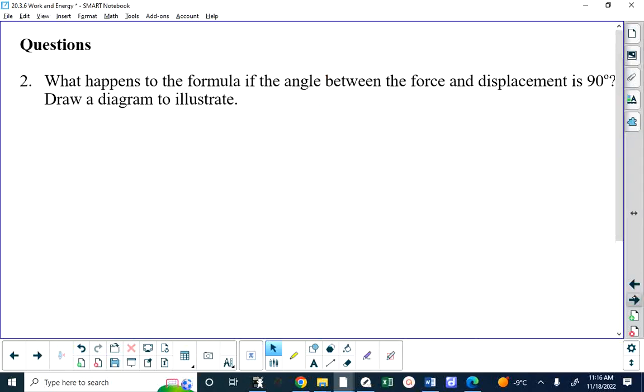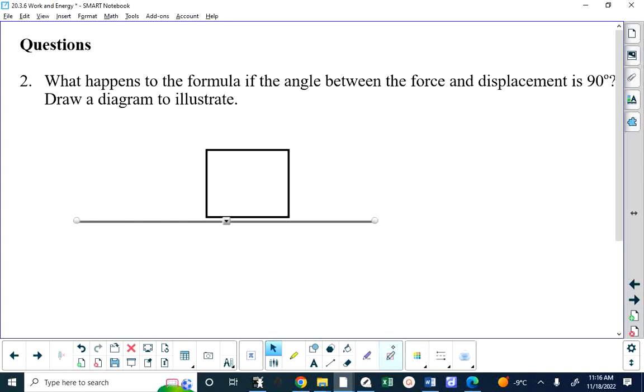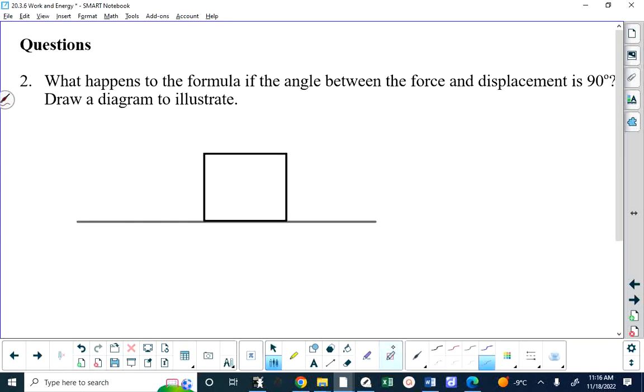Number 2, what happens if the angle between them is 90 degrees? So again, we're going to take an object, we're going to apply a force. Maybe the force is up. This is an applied force.